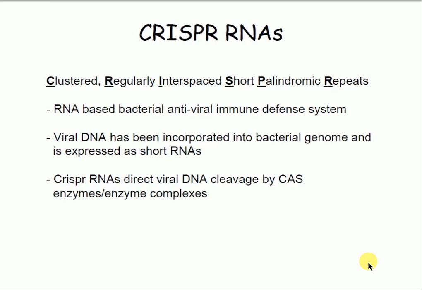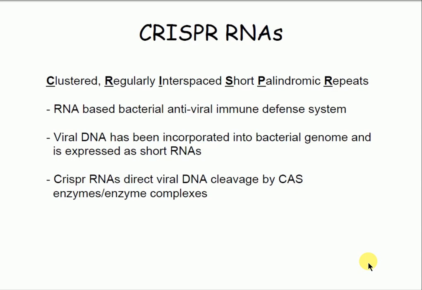A bit similar to the siRNA system, which is also an antiviral defense system. The viral DNA has been incorporated into the bacterial genome and then becomes expressed as short RNAs. These are the CRISPR RNAs, and they direct cleavage of viral DNA by Cas enzymes or enzyme complexes.